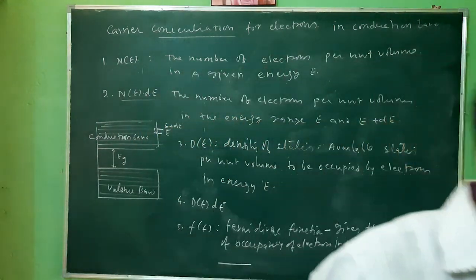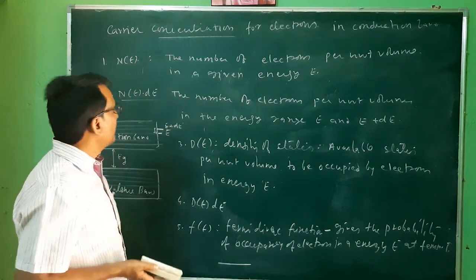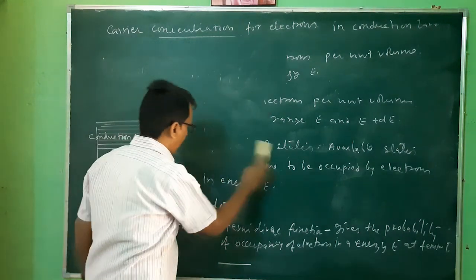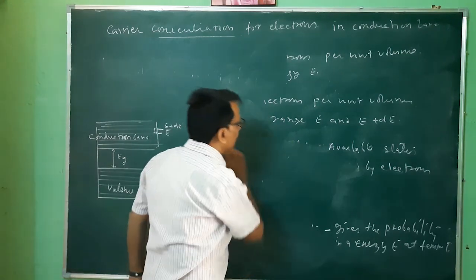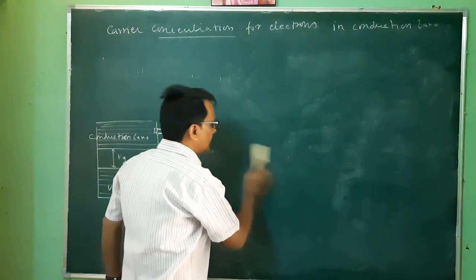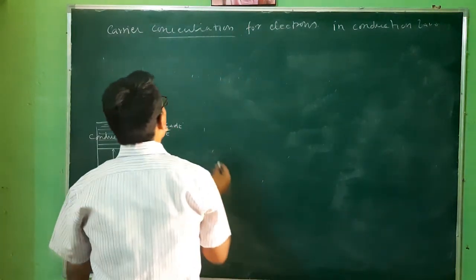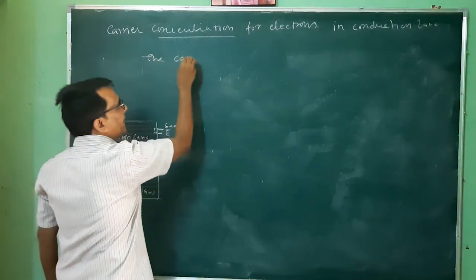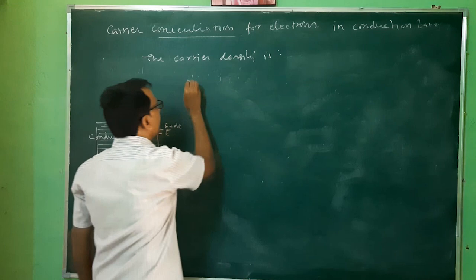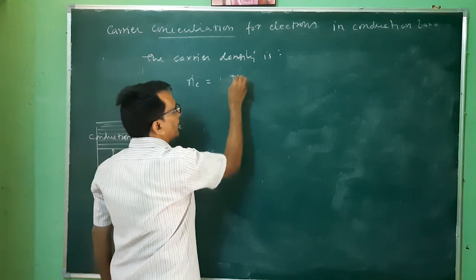Okay, let's start with the derivation part. The carrier density is represented by Nc, and it is defined as the integral of N(E)dE.